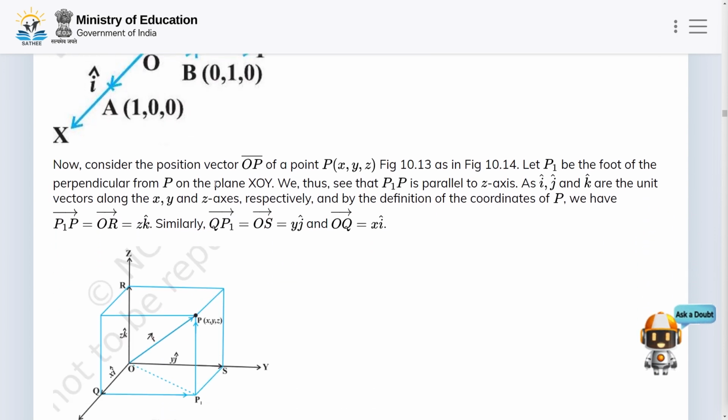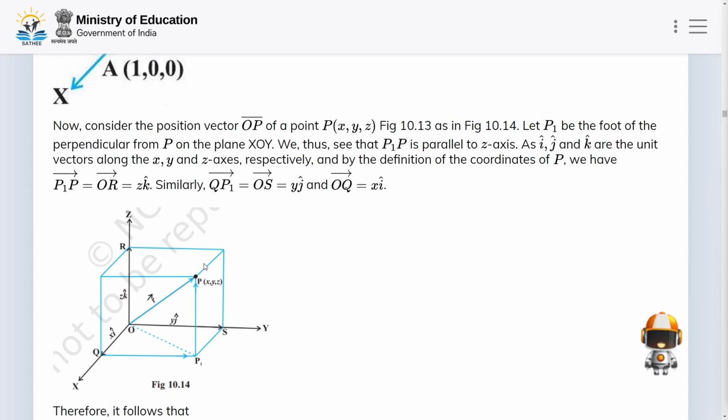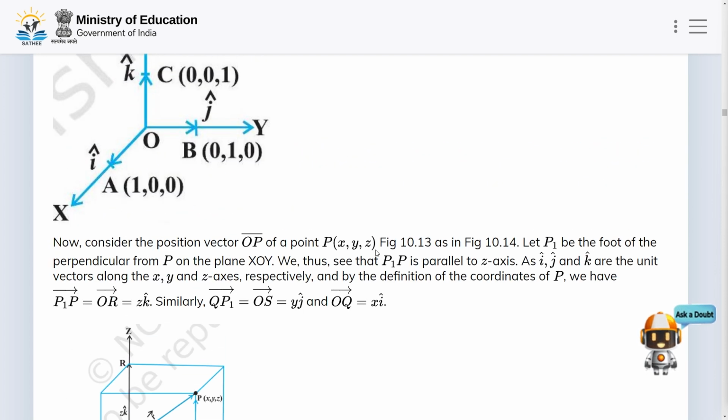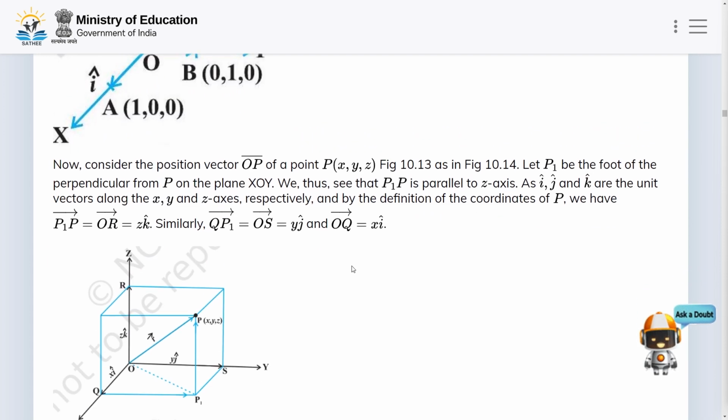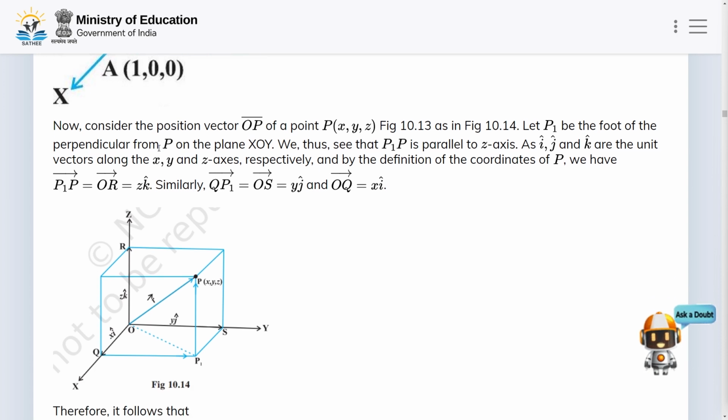Now consider the position vector OP of a point P, as you can refer to this above diagram, as in figure 10.14. Let P1 be the foot of the perpendicular from P on the plane XOY. So on the XY plane, the point P1 represents the foot of the perpendicular.